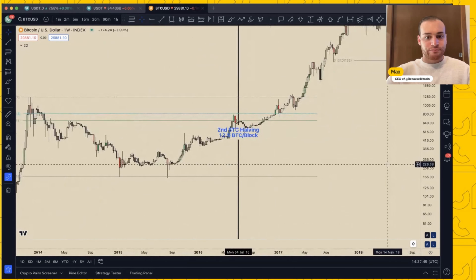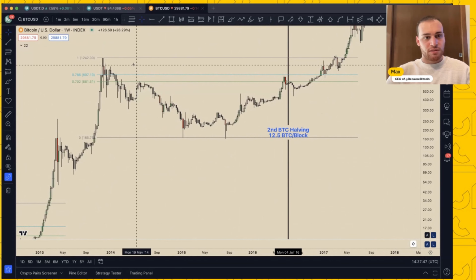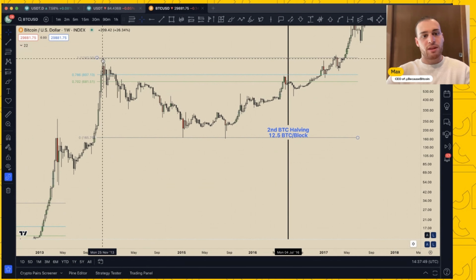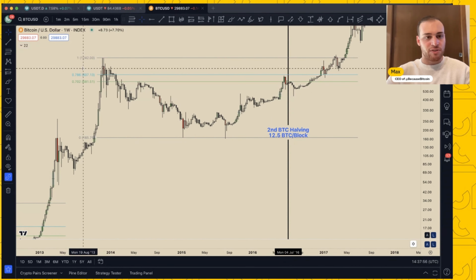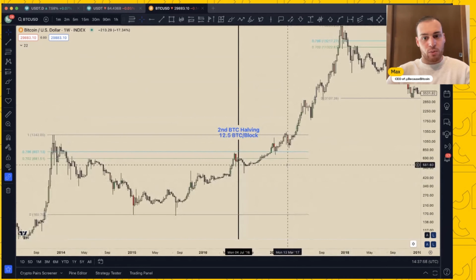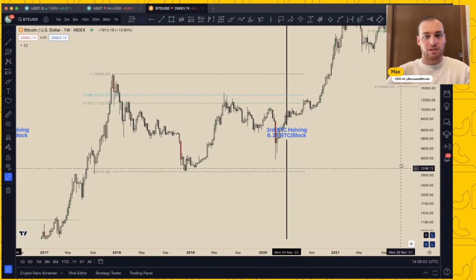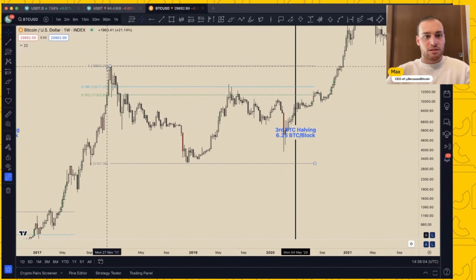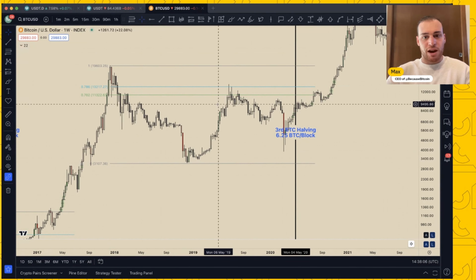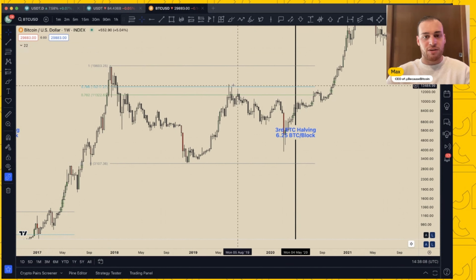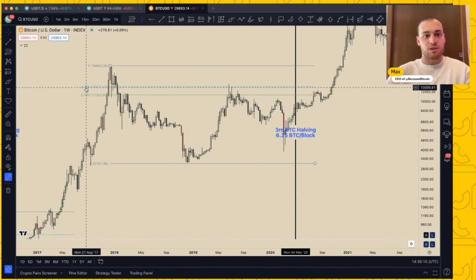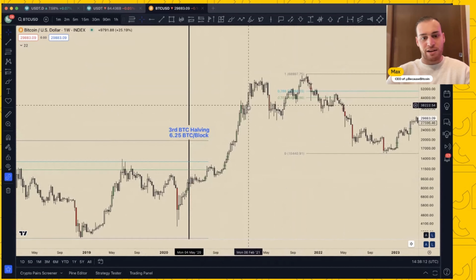This one, you can see after the 2013 top, bear market bottom, before the halving, we came back, tagged this little fib bracket here, and then we had blast off. Same thing here for the 2017 cycle, top to bottom. We came back before the halving, we hit this fib pocket, the 0.702 to 0.786, and then we had blast off.